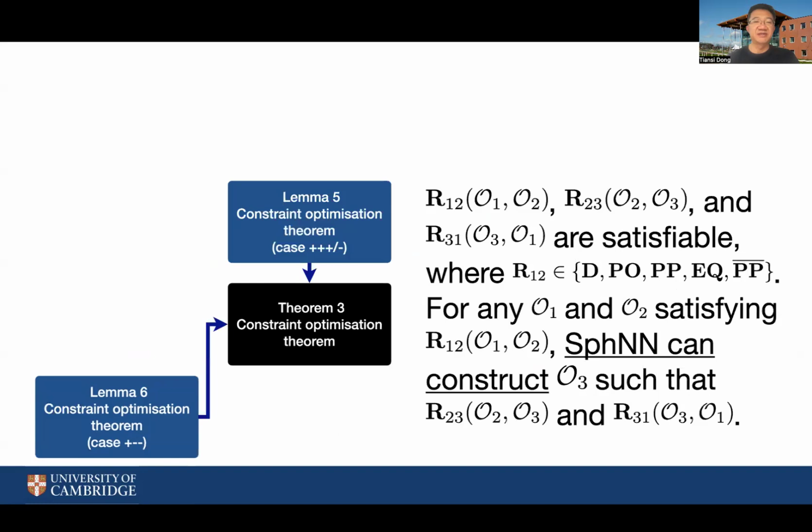Now putting them together, we say if the three relations are satisfiable and one of the relations is positive, then our network can create this relation first, and using constraint optimization find the third sphere that satisfies the other two relations, and find them in one epoch.